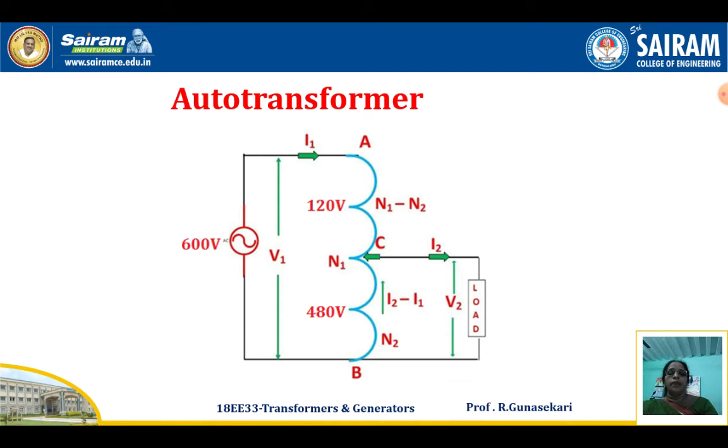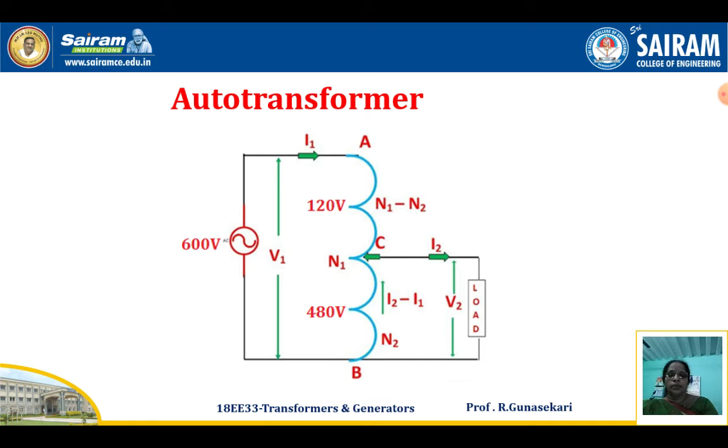Based on the given data, first we draw the circuit diagram of the auto transformer. That is very important. The supply voltage is 600 volt AC, and V1 is the supply voltage or primary voltage of the auto transformer.